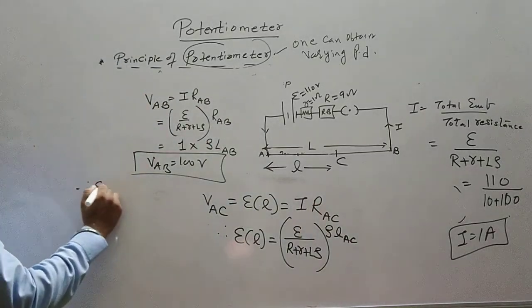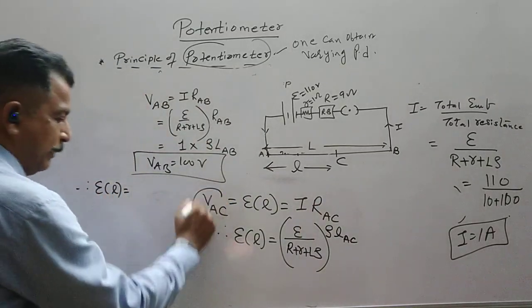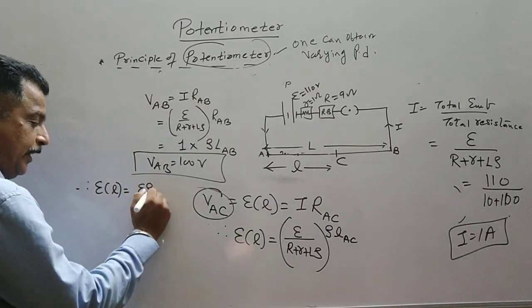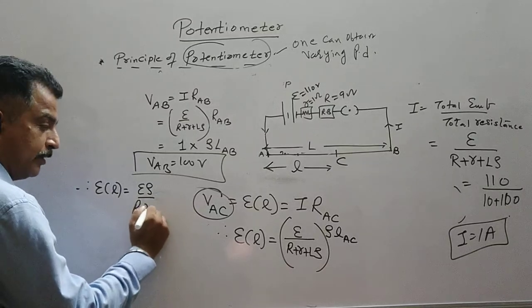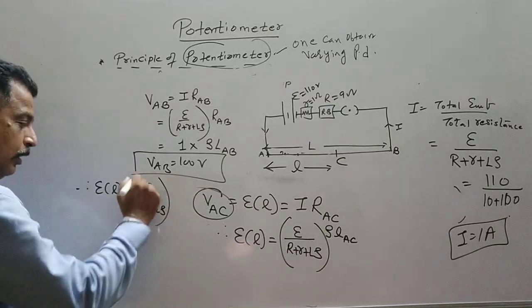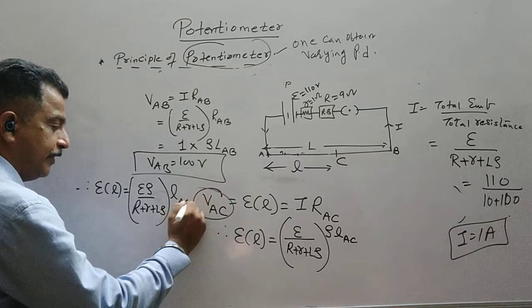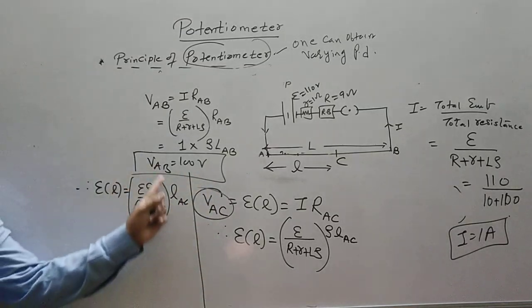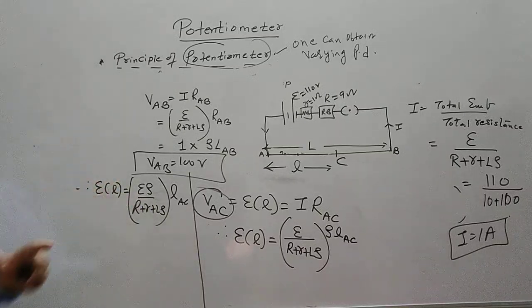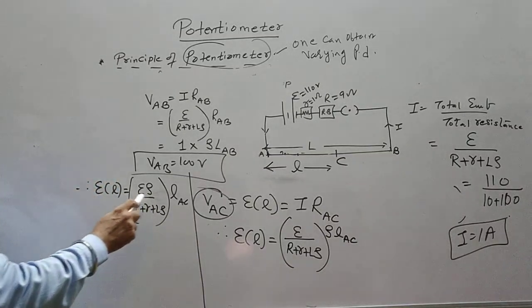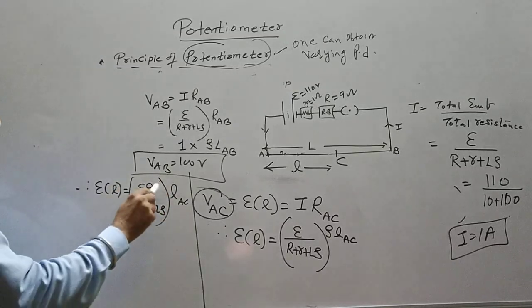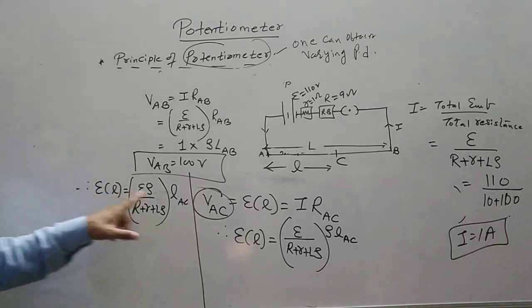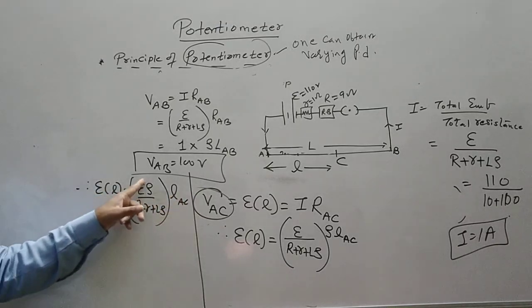Therefore, EL, or you can say potential difference across AC, is equal to E rho upon R plus L rho, into length of AC. Now if you see this bracket, the value of this is volt per meter, because RHS is volt, this is meter, so its value should be volt per meter.